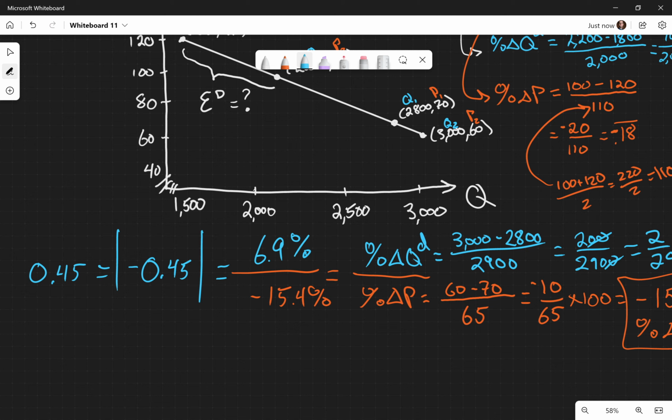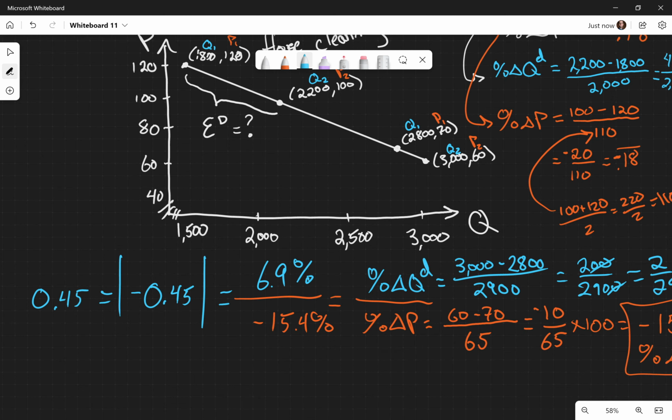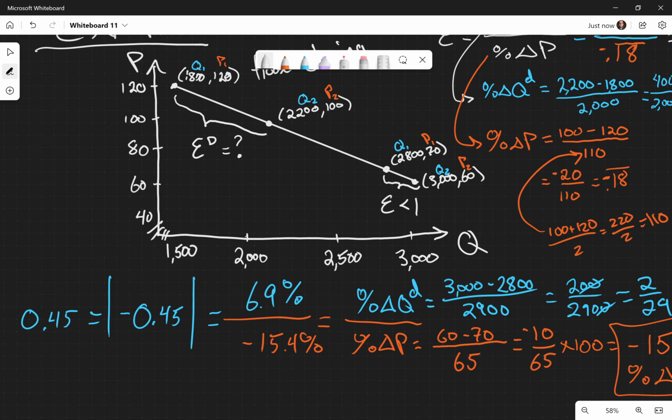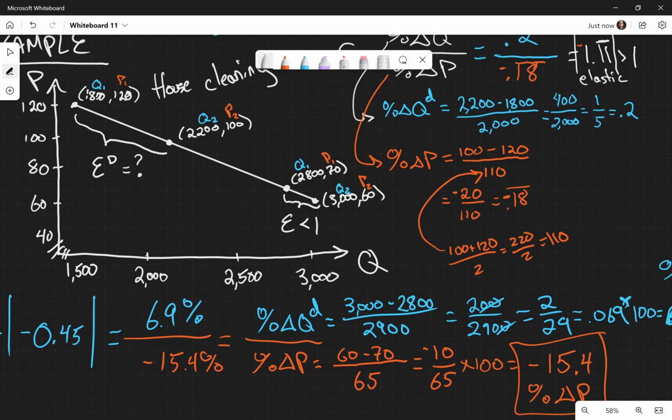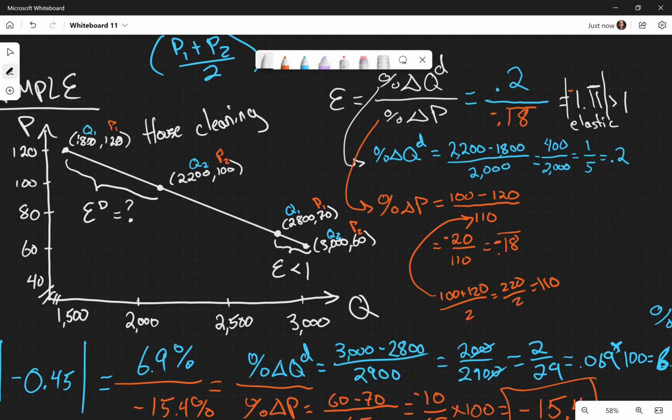So this demand, the demand over this portion of the curve, right, is less than 1. That's what we just found. The price elasticity of demand of this region above the curve is greater than 1.